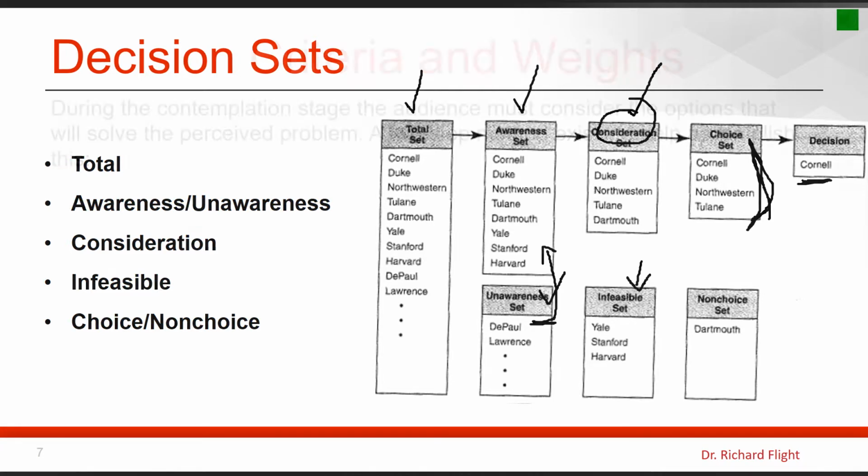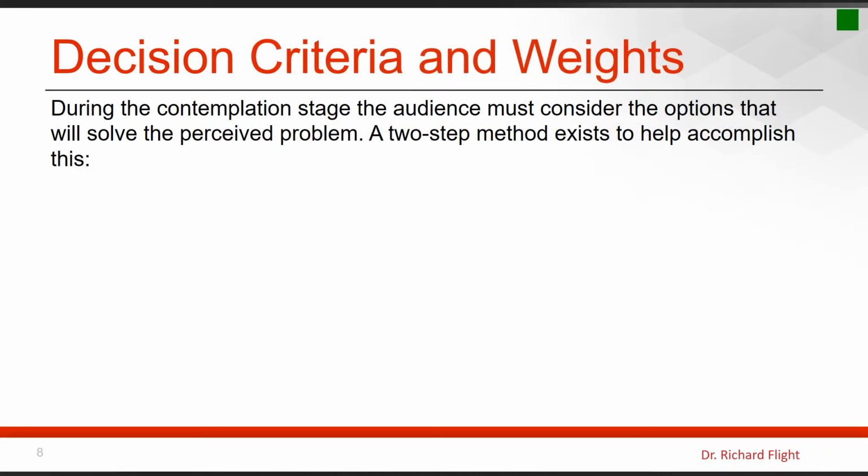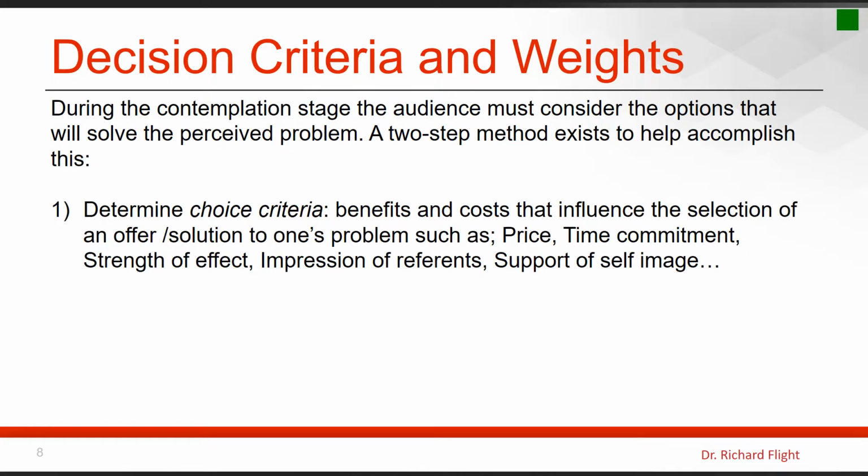And I mentioned this idea of a decision criterion, decision weight process. So just again to reiterate, this is a two-step process where we determine choice criteria, which would be things like price, time commitment, strength of effect, impressions of others, and so on. I used the illustration of a theater and a person who's deciding what criteria would cause me to choose one entertainment option over another, and it may be time commitment or impression of others and things like that.